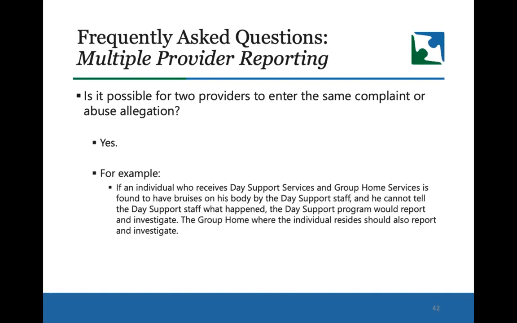As an example, if an individual who receives day support services and group home services is found to have bruises on their body by day support staff, but that individual can't tell the day support staff what happened, the day support provider would report the incident and investigate. The group home where the individual resides should also report and investigate.